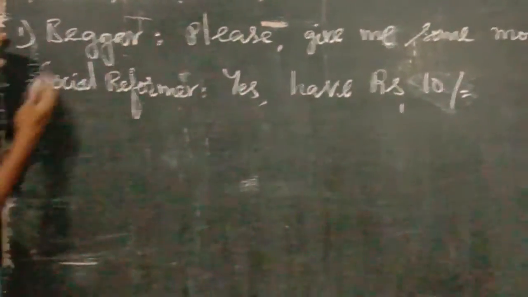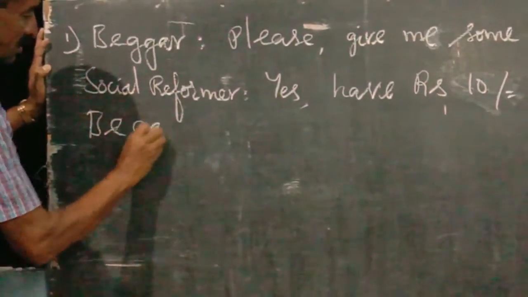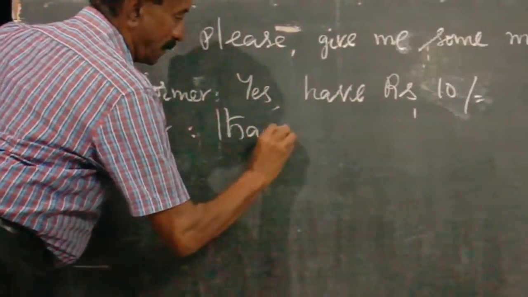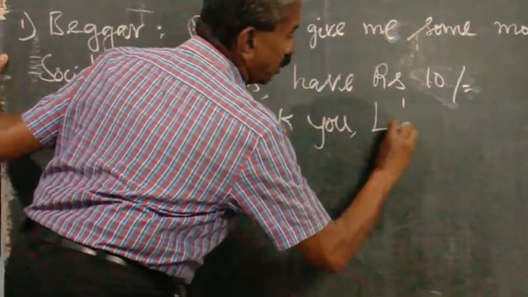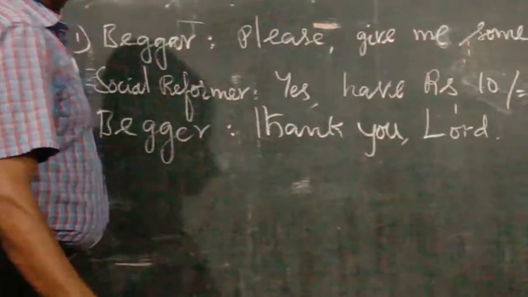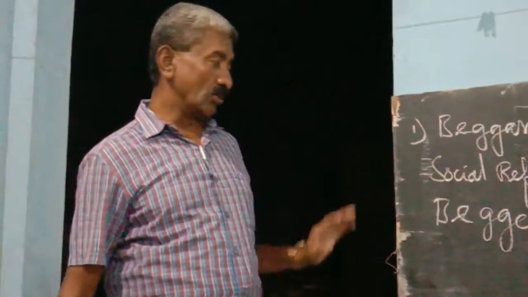What would be the next response? What would the beggar say? Yeah, thank you. Thank you, Lord. You know Lord? In Tamil we may say, thank you Swami, likewise. So thank you Lord.